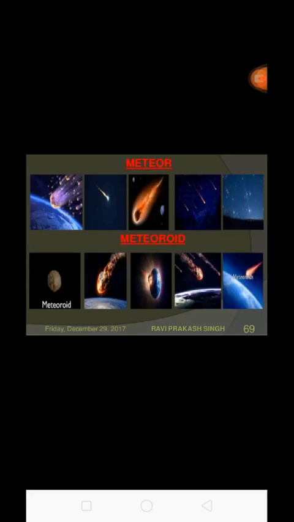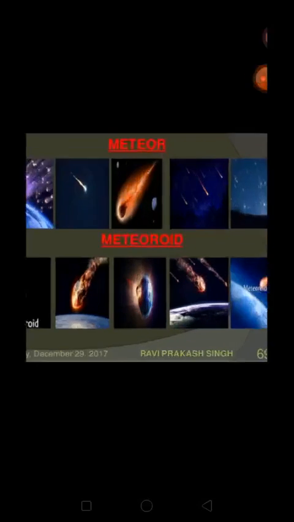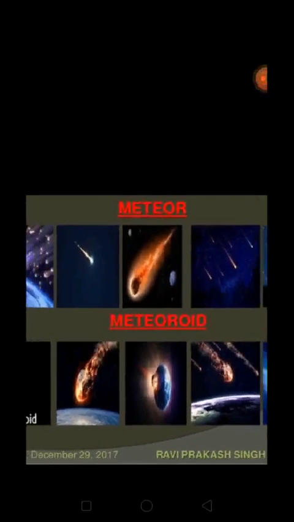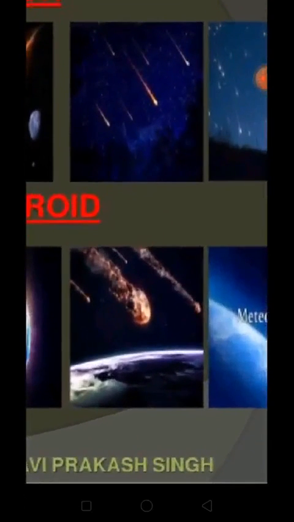These are small objects that enter the earth's atmosphere with a very high speed. These objects are called meteors. You can see these are entering the earth's atmosphere with very high speed, and these are termed as meteors.